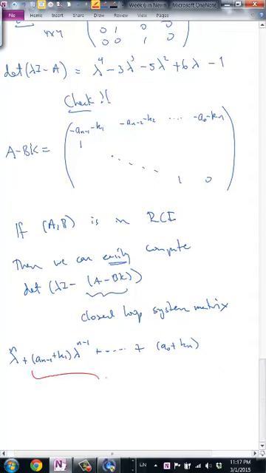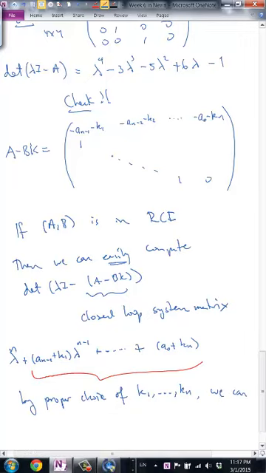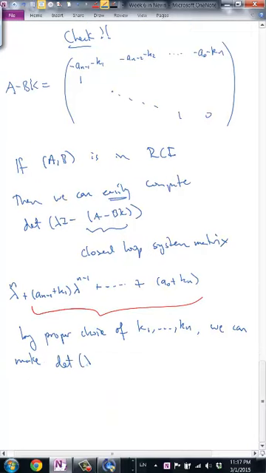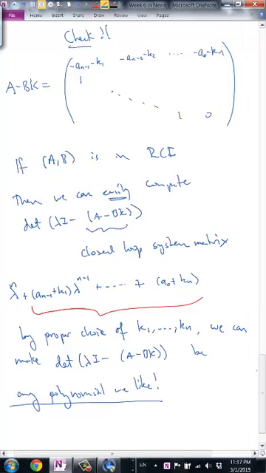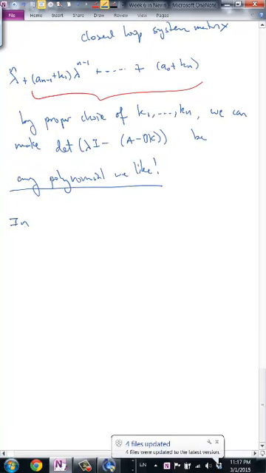We see that by proper choice of k1 to kn, we can make the determinant of lambda I minus (A minus BK) be any polynomial we like. In particular, we can make it a polynomial that has roots in the left-hand plane.